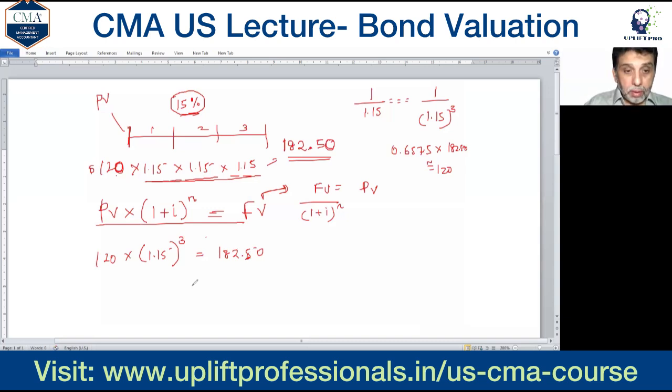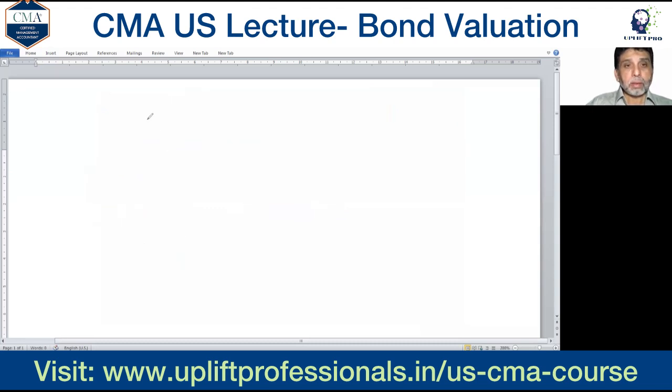Now I'm going to show you present value of an annuity. What is the present value of an annuity? Suppose you want to have $100 after every year for 3 years.